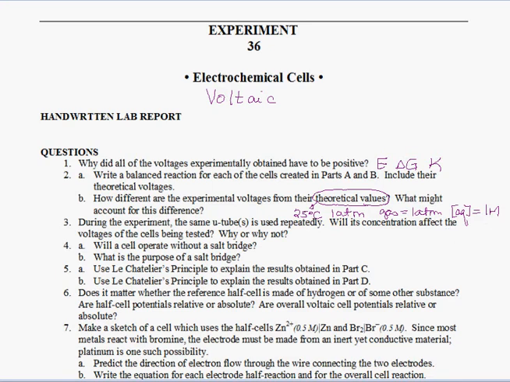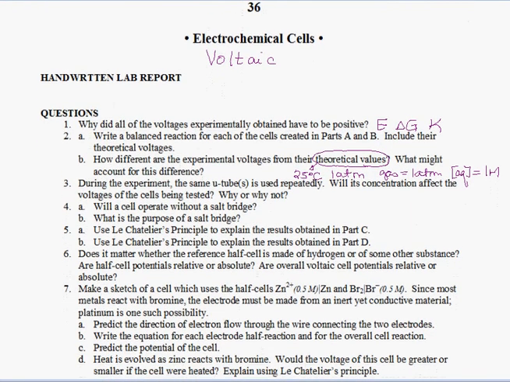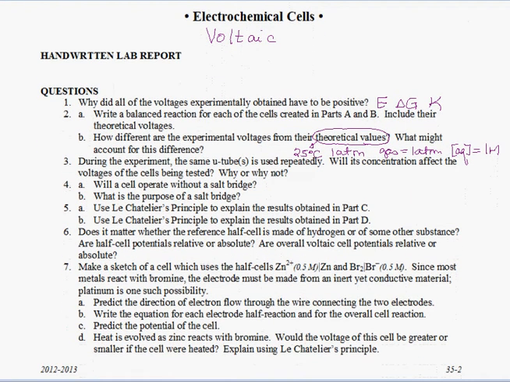All right, question 3. I did in fact use the same U-tube. And the thing that you want to also consider is, again, the purpose of that U-tube is to end up creating the salt bridge. In that salt bridge, you want to be able to have ions coming out into the solution. So in one side, you're going to have the positive ions flowing into the solution.